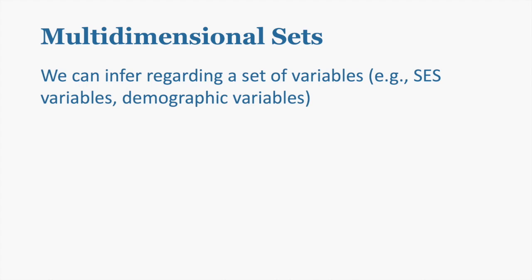So we actually can make inference regarding a set of variables like SES variables. So we could include mother's education, father's income or mother's income, region of birth, things like that, all in the model. But the issue with a lot of those is they have high collinearity, and so they're going to mess with each other's single p-value. But we actually can test if together they predict the outcome.